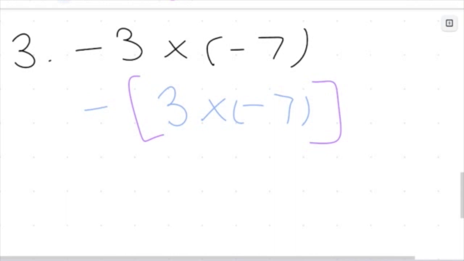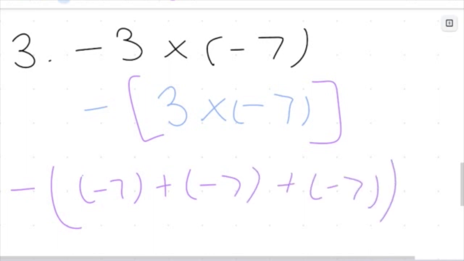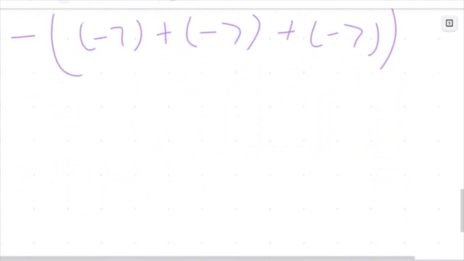So I have in here 3 lots of negative 7. So that's like saying minus 3 lots of minus 7, that's like saying minus 7 plus minus 7 plus minus 7. Because I'm taking 3 groups of negative 7. That's what I've shown down the bottom here. And when we work through this, we end up with negative, and when I have minus 7, and here you can see once again we have this plus minus business happening.